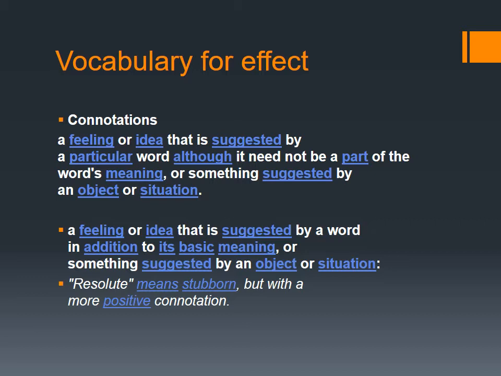Or else, a feeling or idea that is suggested by a word in addition to its basic meaning. For example, resolute means stubborn, but with a more positive connotation. So likewise, we can use connotations in order to imply meanings in a different manner.